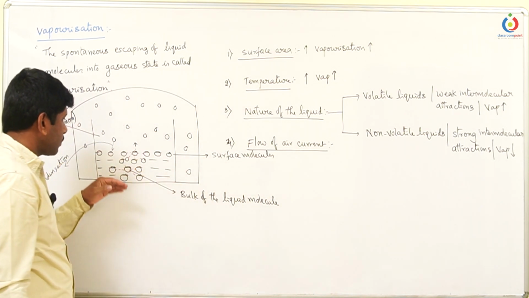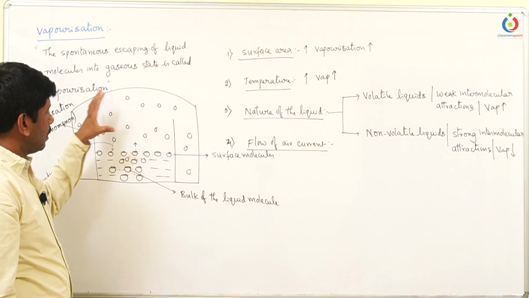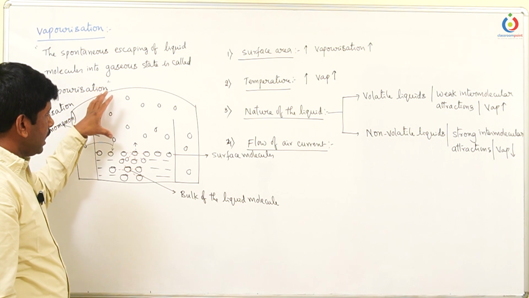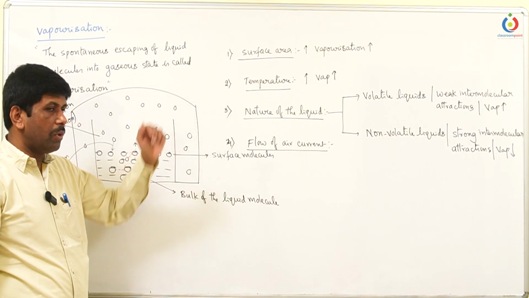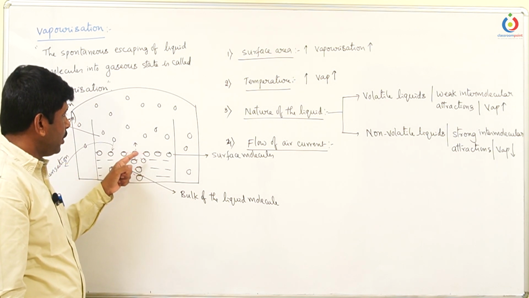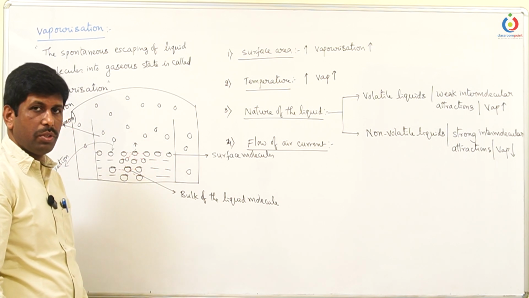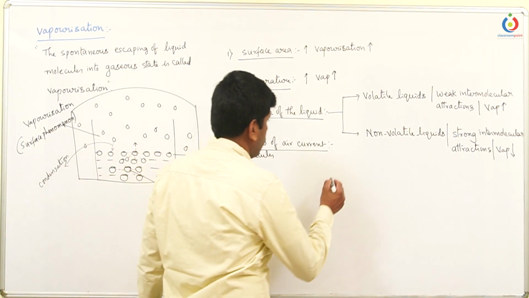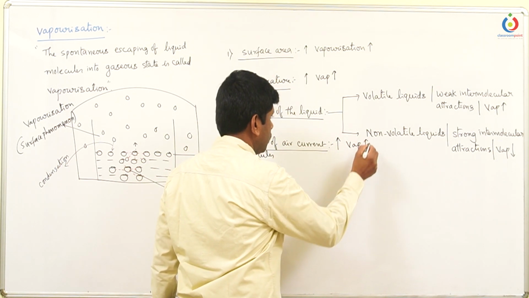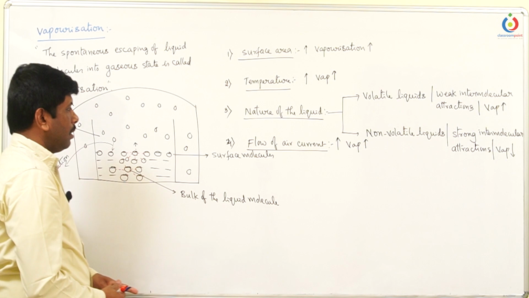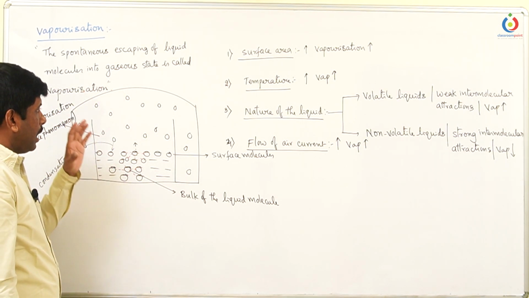Whenever the flow of air current increases, the air molecules take these vapor molecules along with them, washing away these molecules and creating new empty space for vaporization, so that the evaporation process also increases. So we can say that when the flow of air current over the surface of the liquid increases, vaporization also increases.